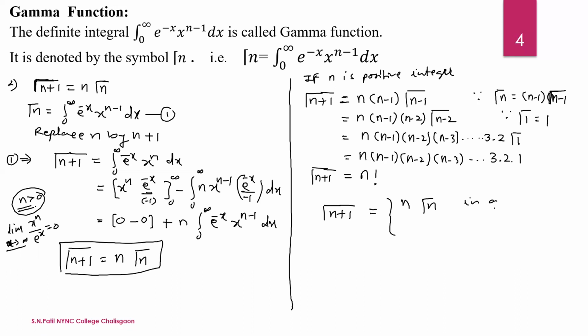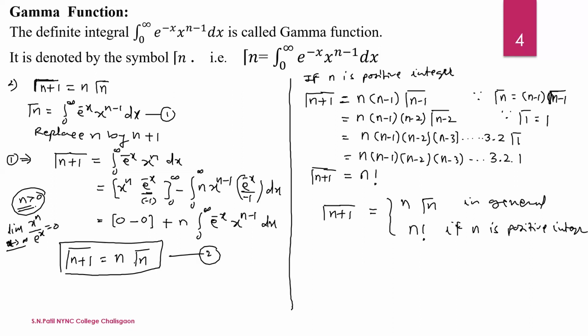This is the general result. And second, as we just proved, if n is a positive integer, then gamma n plus 1 is equal to n factorial. Suppose this is equation 2.